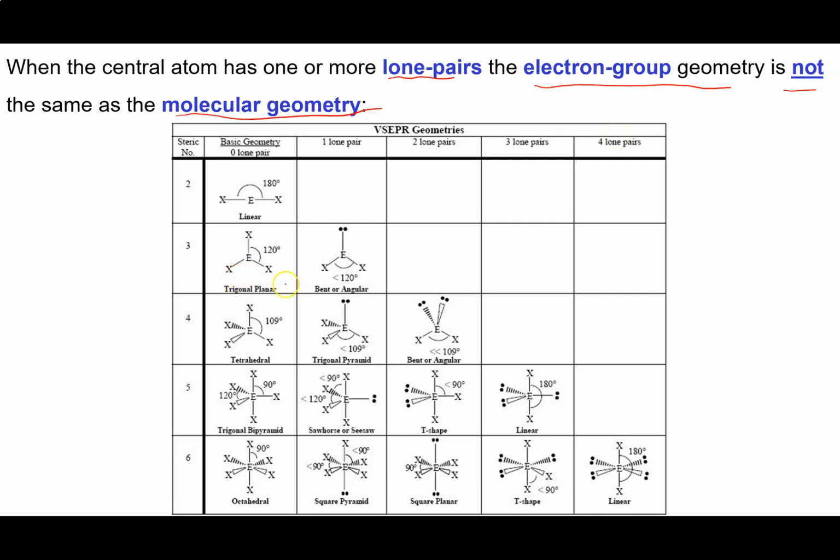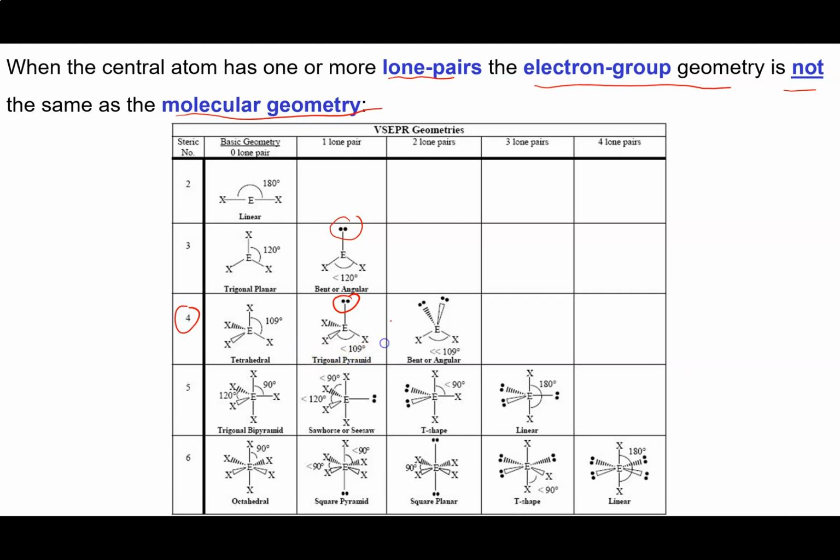If we have steric number 3 and one of our electron groups is a lone pair, the molecular geometry is referred to as bent or angular. If we have a steric number of 4, the tetrahedral electron group geometry, and we have one lone pair, then our molecular geometry is referred to as being trigonal pyramid.